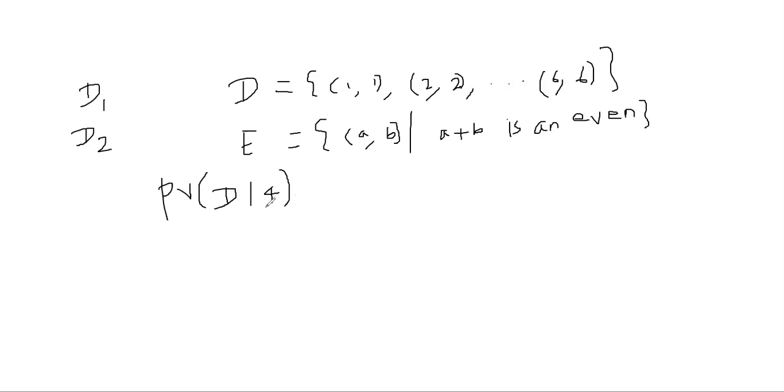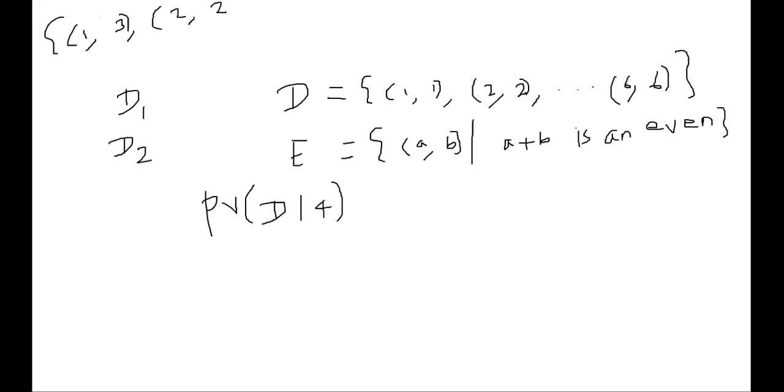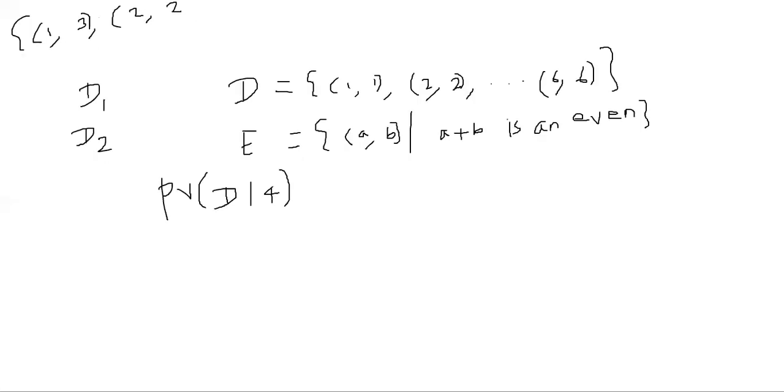You could have got 4 for many reasons, right? When do you get 4? You could have got 4 from combinations like 1 3, 2 2, or 3 1.